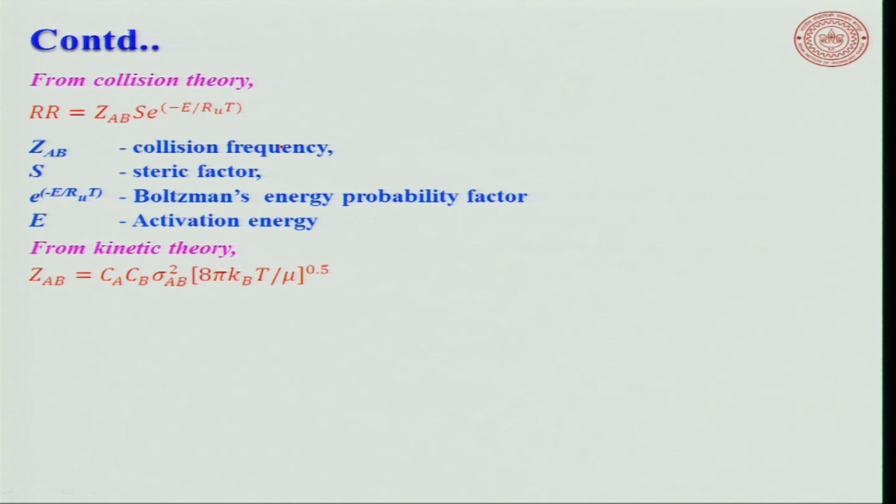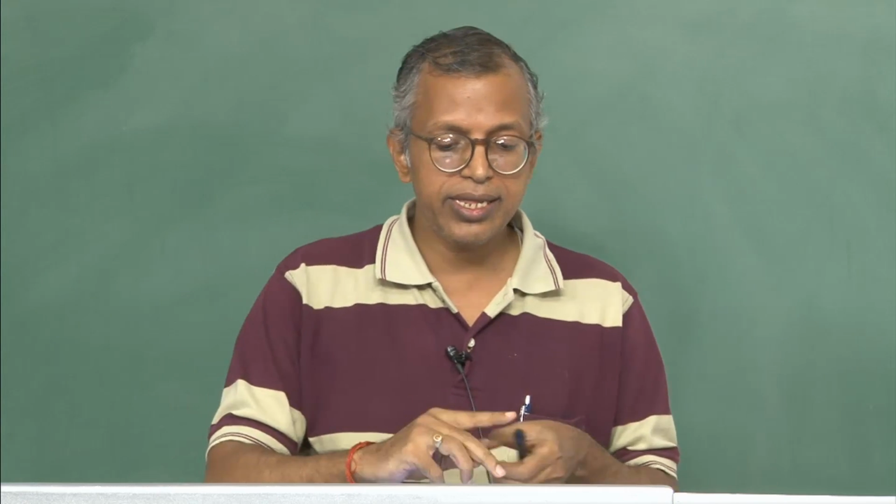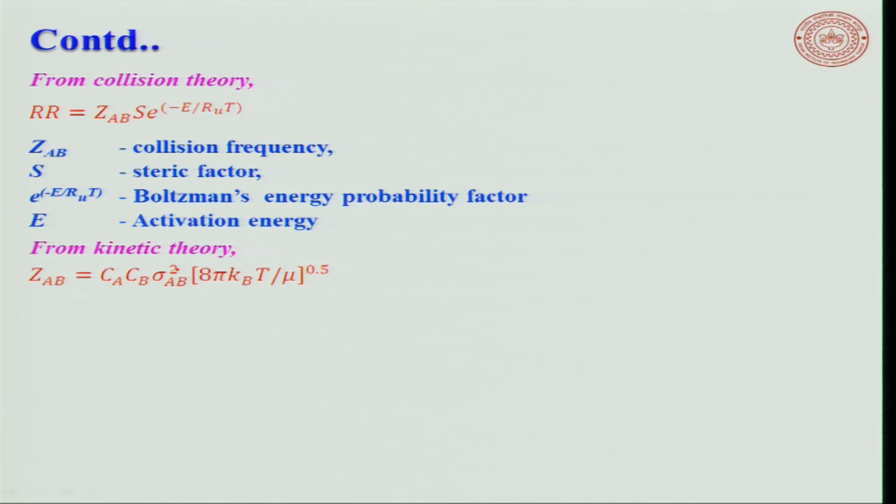So, from the kinetic theory of gases, one can get Z_AB is basically C_A C_B sigma_AB squared. Keep in mind that in the collision kinetic theory of gases, you consider molecules as spheres, and this sigma_AB is basically the average diameter, which will be the diameter of each molecule.